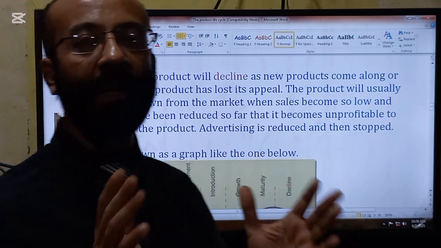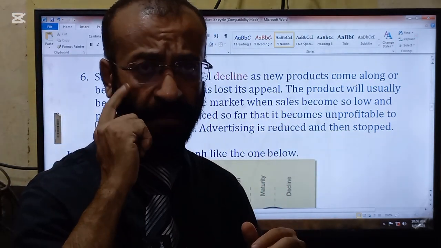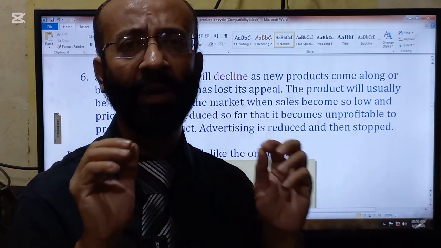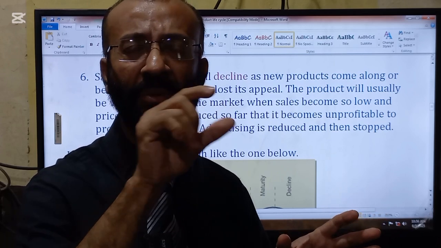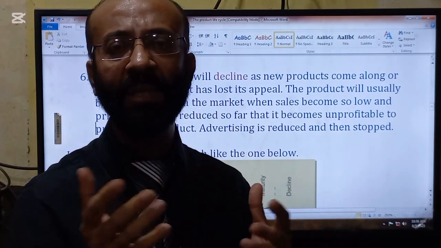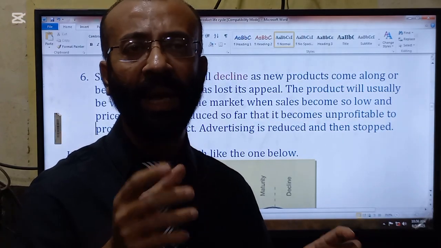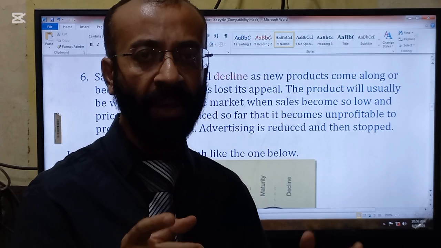So finally a point comes when a lot of new products come into the market, for example Sting. A lot of drinks like these are coming into the market now. So Pepsi and Coke are losing their appeal. 7 Up is losing its appeal because the youngsters are now drinking Sting and that kind of Mountain Dew energy drinks, they are using them more.